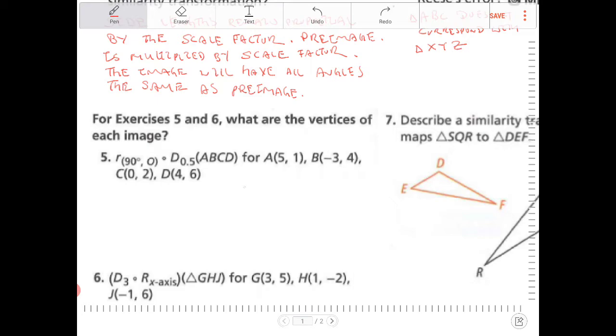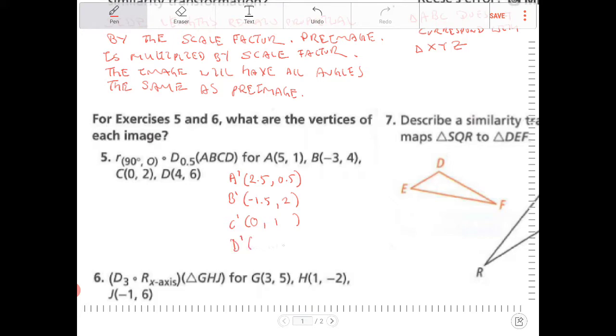When we're dilating something over the origin by whatever factor, we always multiply that scale factor by all the x and y components of the coordinate. So first, I want to write A prime as the first transformation, which is the dilation. We're going to end up with 2.5, 0.5. B prime will end up being negative 1.5, 2. C prime will end up being 0, 1.